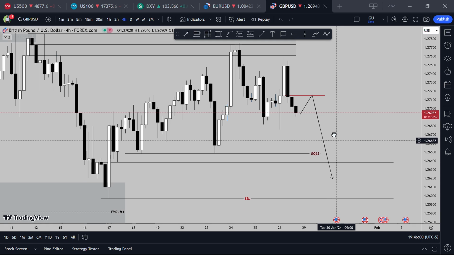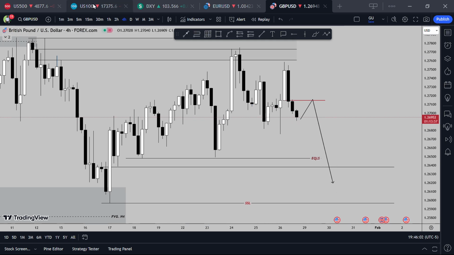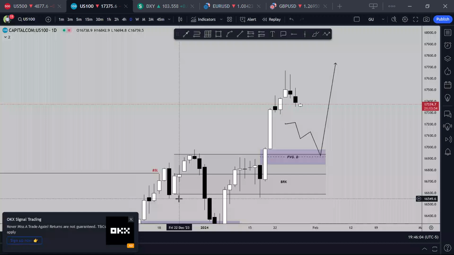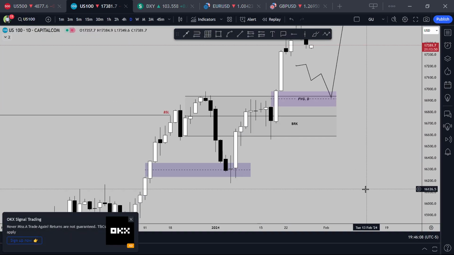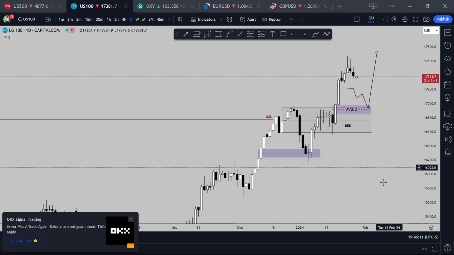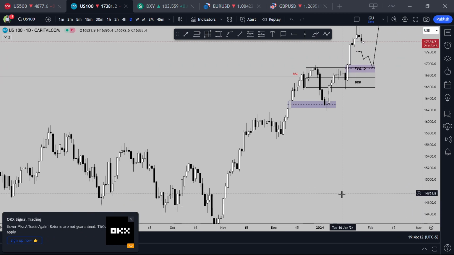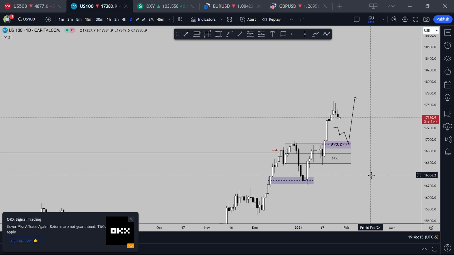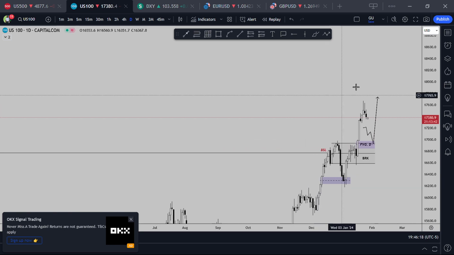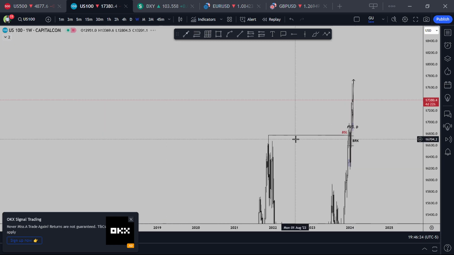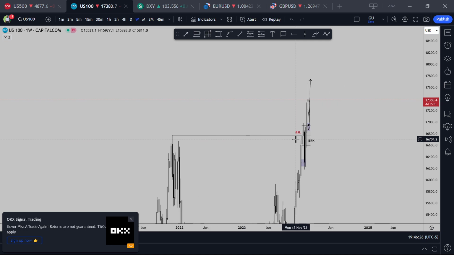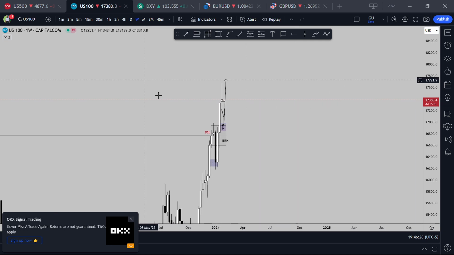Now let's look at the Nasdaq and then S&P. So Nasdaq on the daily chart, we are bullish. We've been very, very bullish since the beginning of this year. So price has also created an all-time high. You can see we have an all-time high being put in on Nasdaq, right? And price is still showing a lot of strength and momentum.